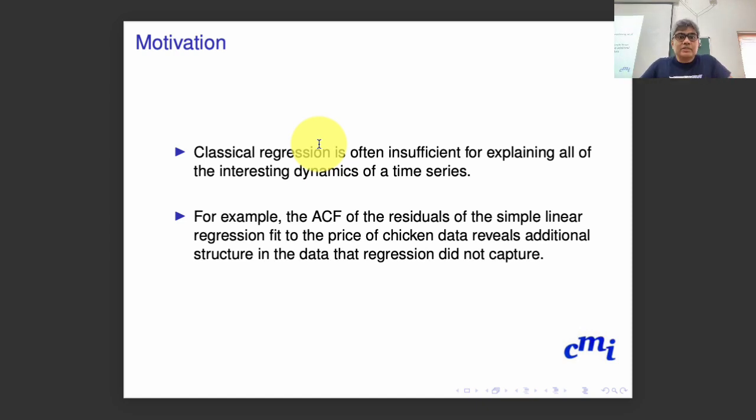What happens is, in classical regression, it is not enough for explaining all of the interesting dynamics of the time series. We have seen that, and we have understood that it has its own limitations. The ACF of residuals of a simple linear regression fit of the chicken price reveals additional structure in the data that regression did not capture.